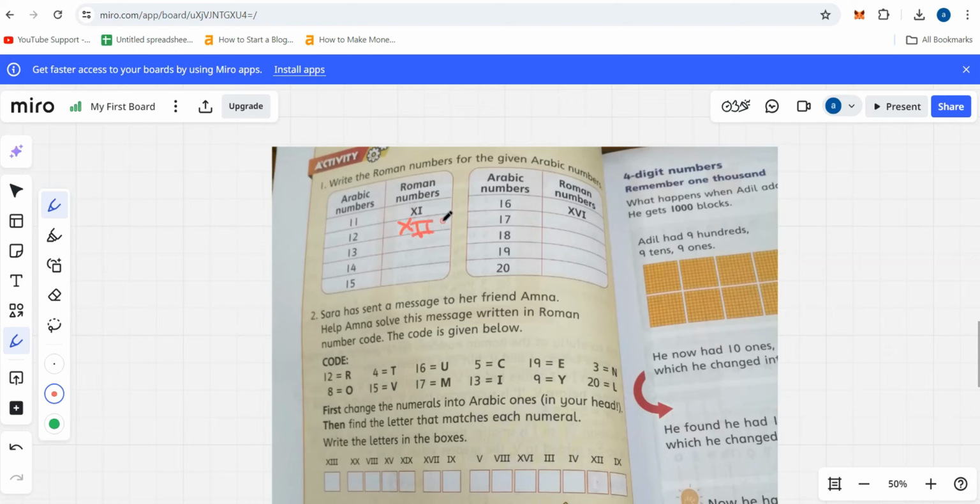Similarly, for 13, we will write XIII because the smaller symbol III is after the greater symbol X, so it will be 10 plus 3 is equal to 13. Therefore, the Roman number will be XIII. For 14, we will write XIV, and we will complete this table.